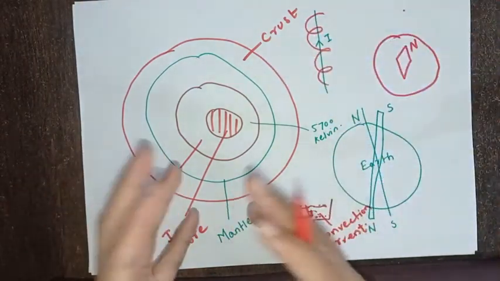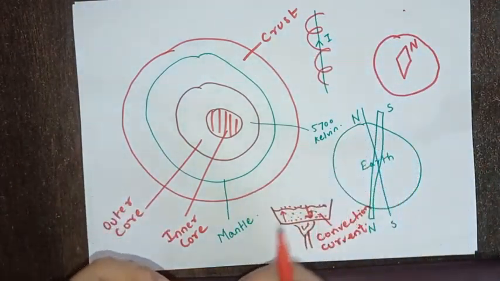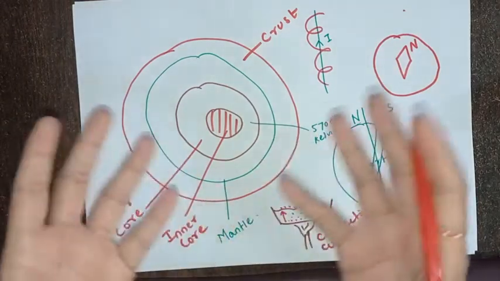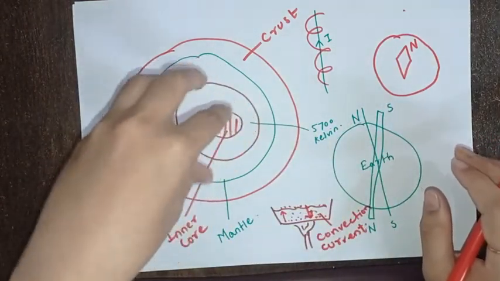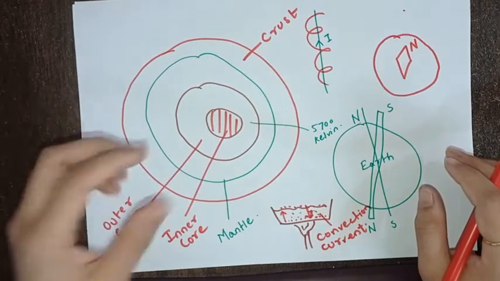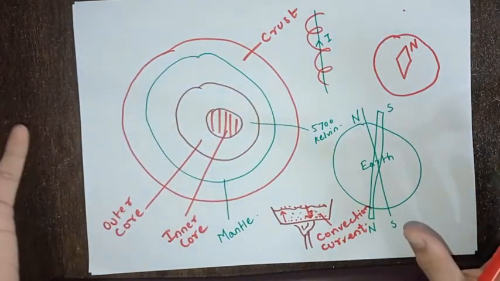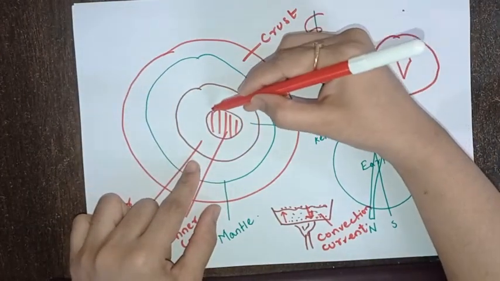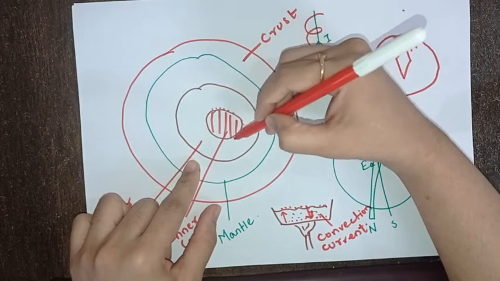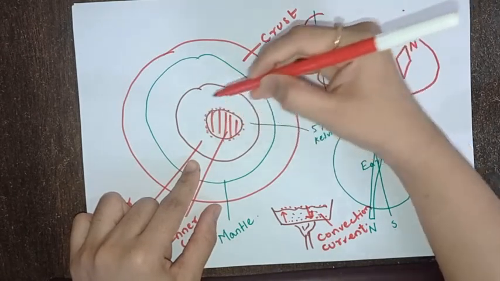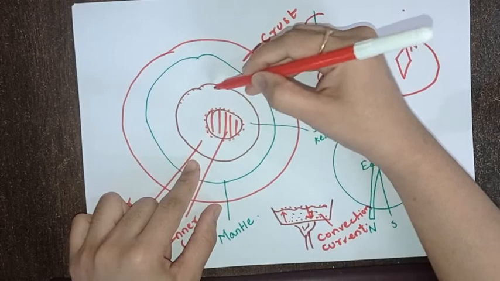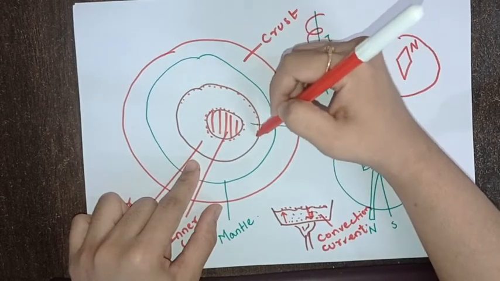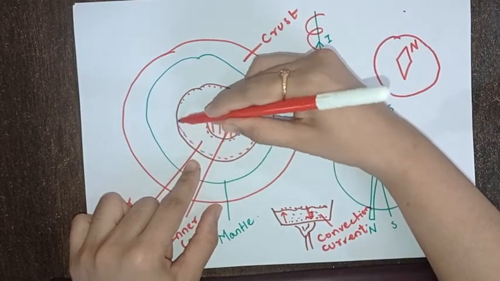The inner core is mainly made up of iron, liquid iron, which has a lot of free electrons. The free electrons present over here will have higher thermal energy than the electrons present at the edge, right?